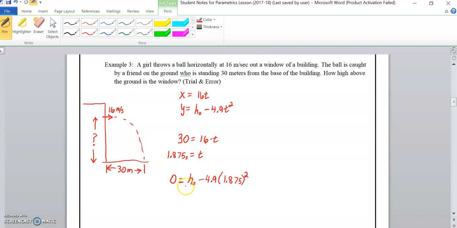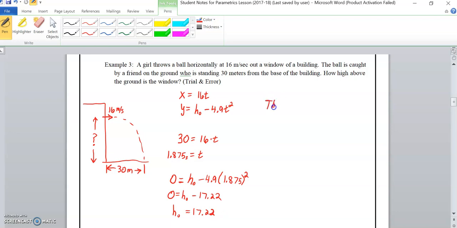And we get 0 equals h0 minus 1722. Therefore, the h sub 0 is 1722. And how high above the ground?